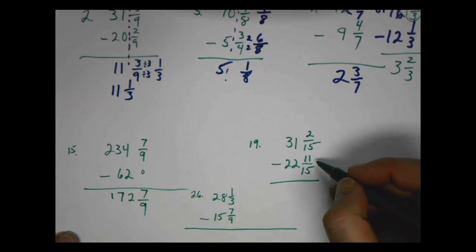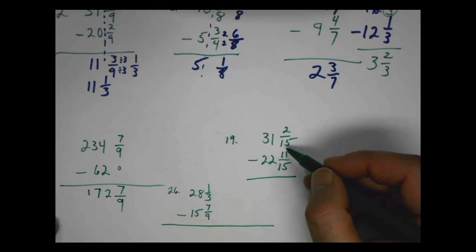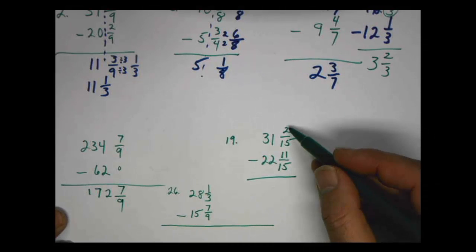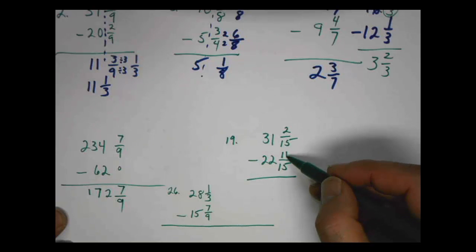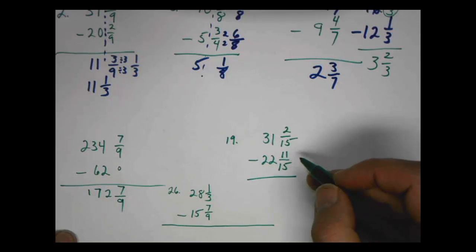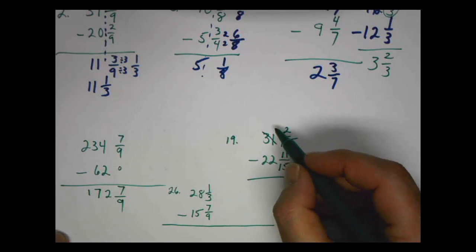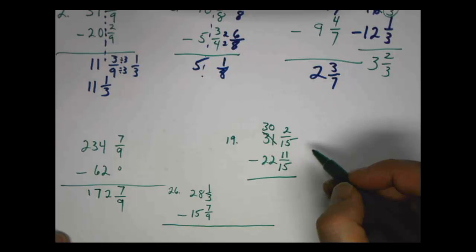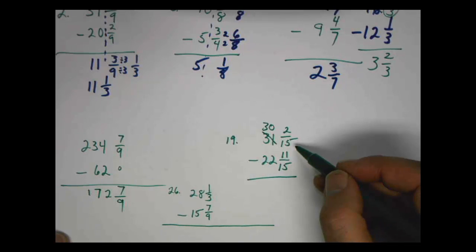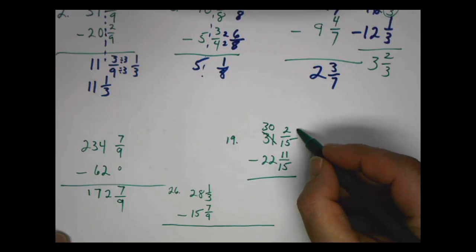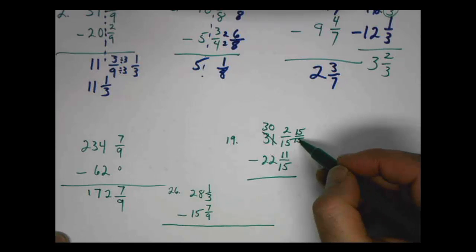But what if we had a problem such as number 19, where we have common denominators, so that's good, but we only have 2 and we're trying to take 11 from it? Well, again, we're going to have to borrow. So we're going to borrow from the 31, leaves us 30, and we're going to borrow 1 from my whole numbers. Well, I'm in base 15. So when I borrow 1, I'm borrowing 15/15, because that's the 1.